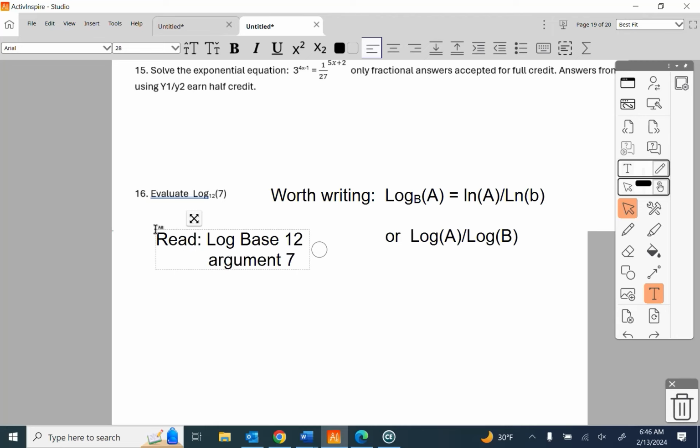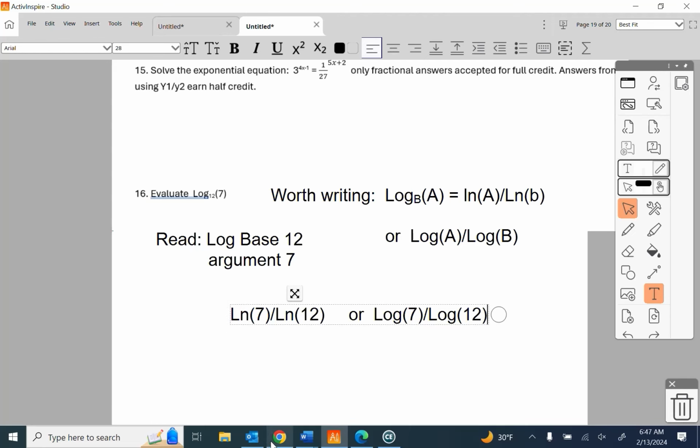The argument is 7, sitting pretty over the base of 12. Or, I like logs, log of 7 sitting pretty over log of 12.